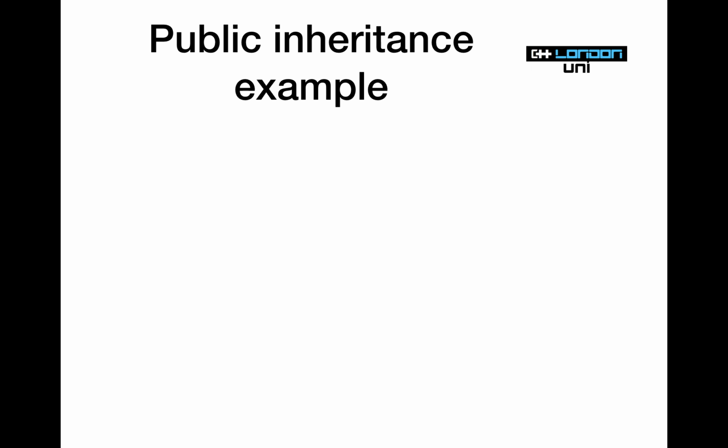So we've defined this struct animal, and we've given it a member function called eat that takes no arguments and returns nothing. We haven't defined this member function, we've just declared it. And now we've declared another struct called mammal, which publicly inherits from animal. So this is saying that a mammal is a kind of animal, which I hope is factually accurate.